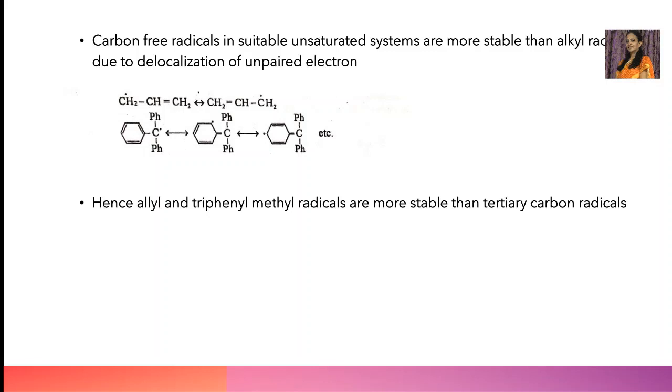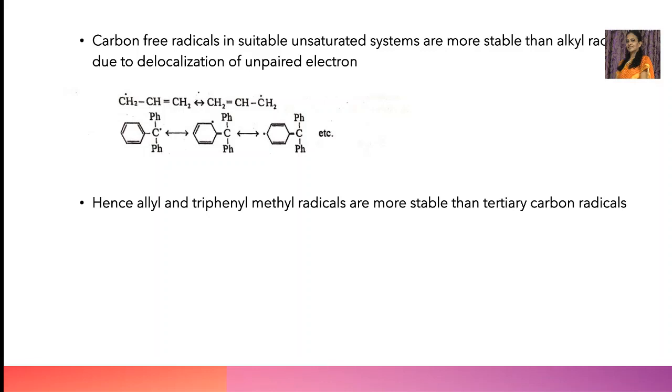Now, let us consider the example. Here, allyl free radical and triphenyl methyl radicals we have considered. So, this is the triphenyl methyl free radical and this is the allyl free radical. These allyl and triphenyl methyl radicals are more stable than tertiary carbon radicals.